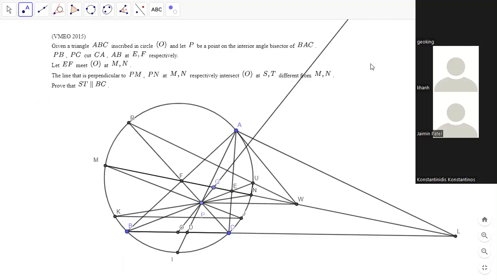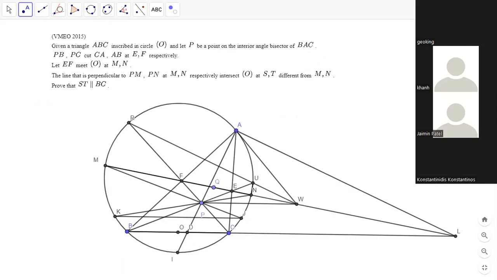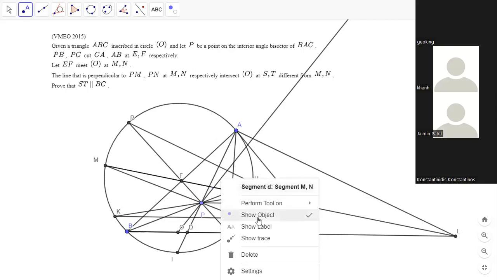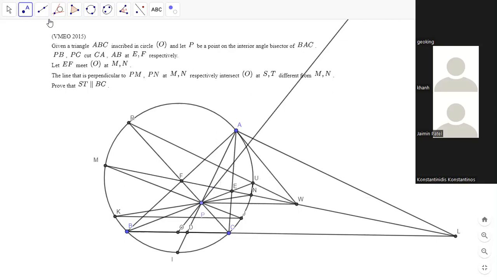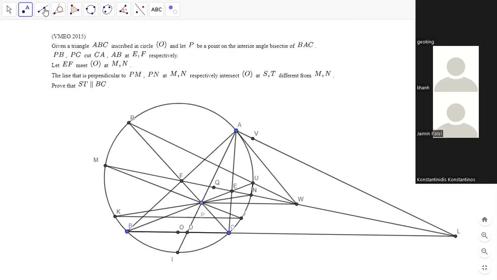And let it meet AL at another point. Okay. I think the point here isn't right. I think I have to hide it before I create the point. Okay. And what was the other thing you wanted me to do? AL, yeah. Okay.